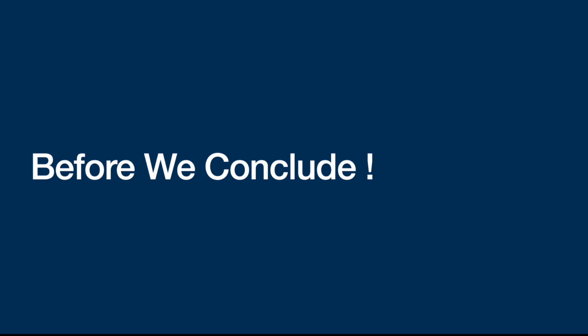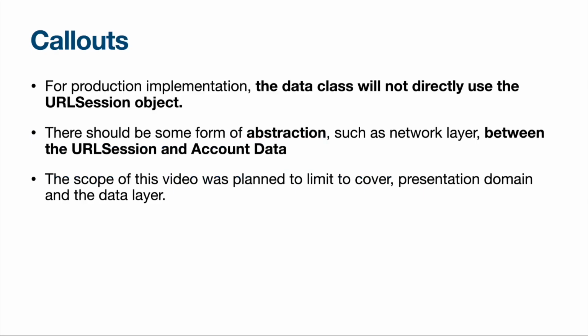Now that we have reached the end of the session, I wanted to make some callouts before we conclude. For production implementation, the data class will not directly use the URLSession object. We had conveyed this earlier that there will be a network manager or network layer.